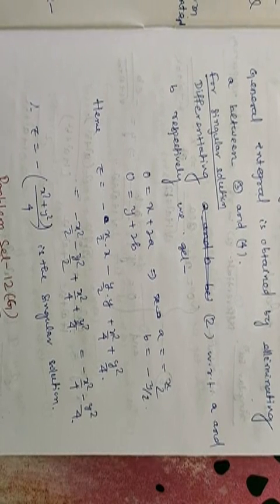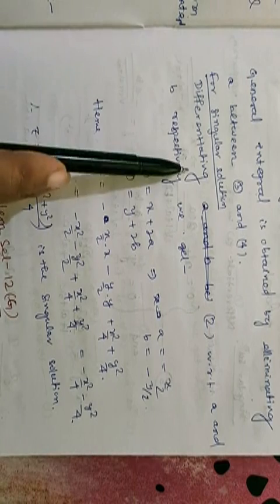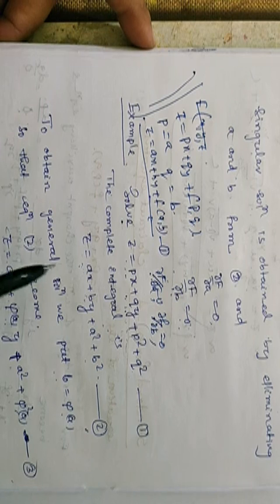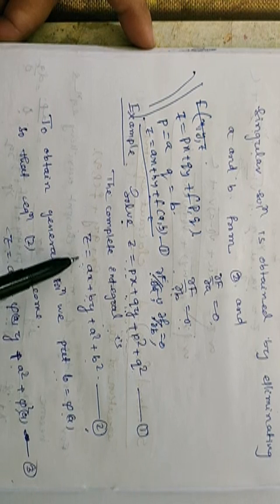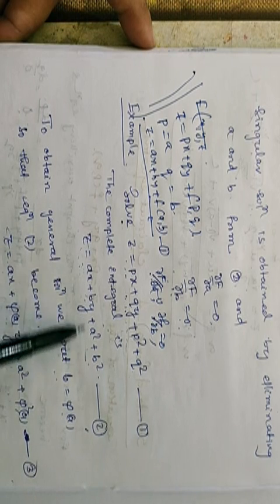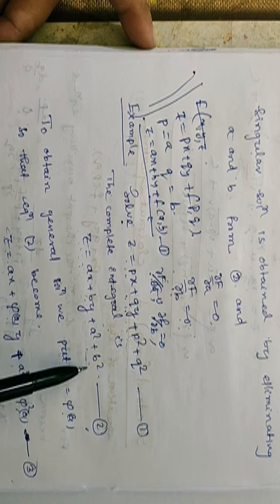Now look at the most important part, which is the singular solution. Now differentiating 2 with respect to a and b respectively. What is 2? Z is equal to ax plus by plus a square plus b square, the complete integral.